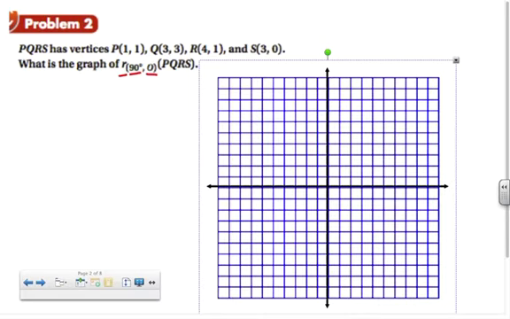P, 1, 1. Q at 3, 3. R at 4, 1. And S at 3, 0.